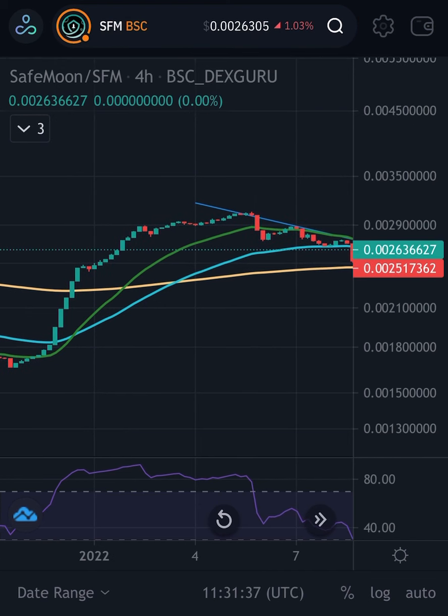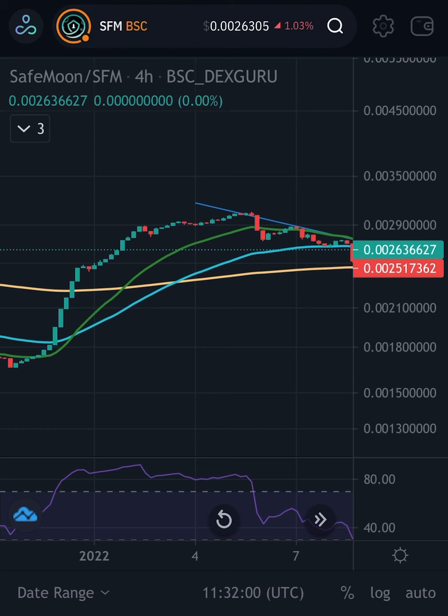By the time it was trading out of the purple shade, it was now in an overbought area. That means that most traders will be taking their profits, and you get fewer people buying because it has already been rallying for a couple of days. That's why you get people taking profits.